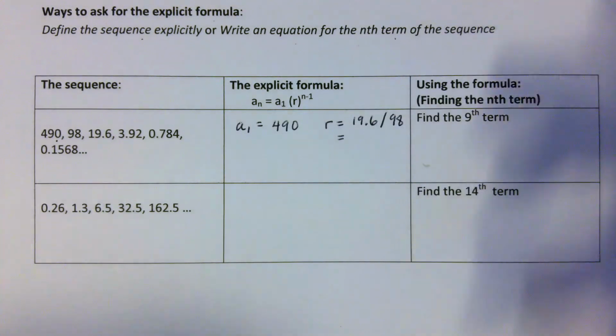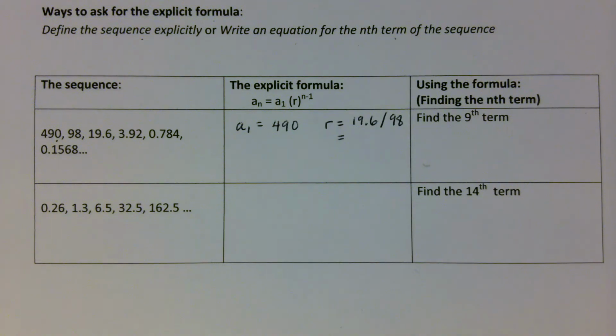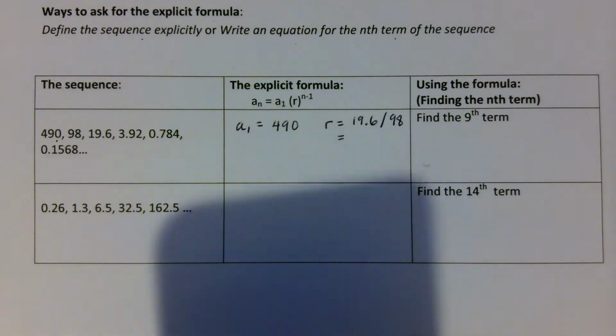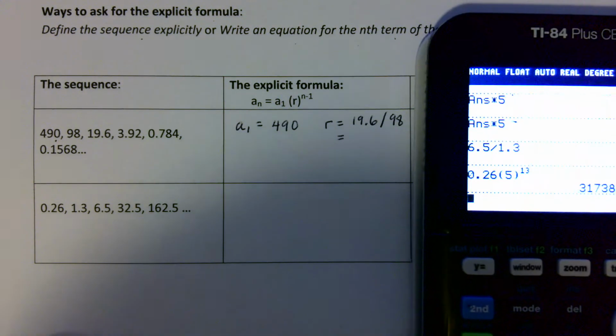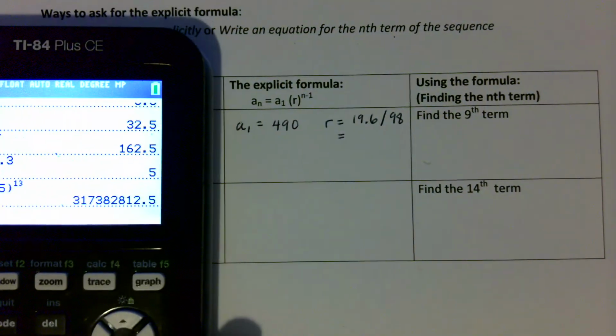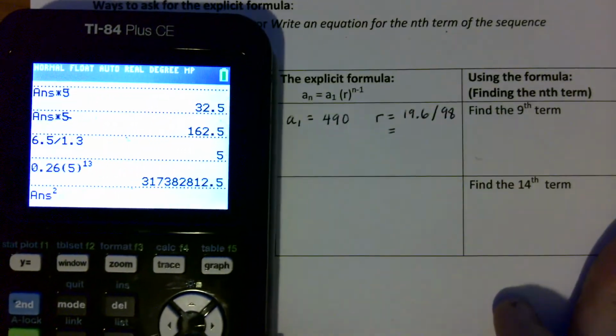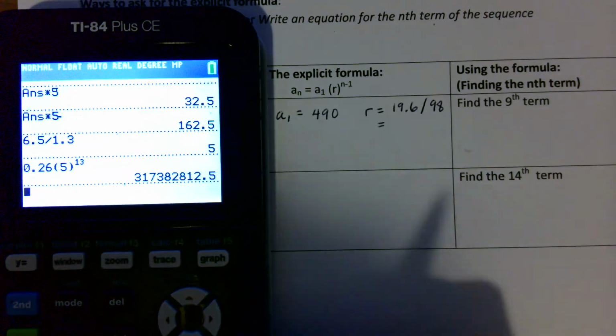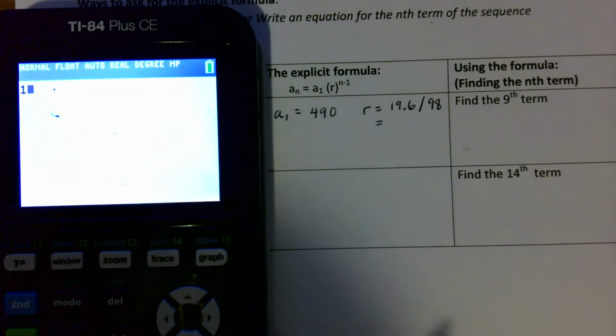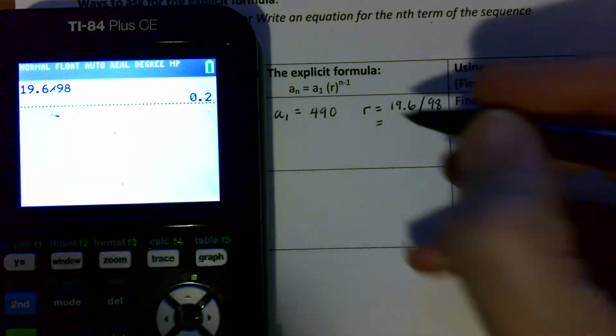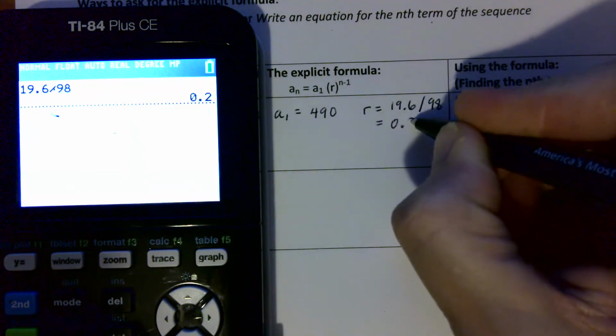You can grab your calculator and set that up. I have 19.6 divided by 98, and that gives me 0.2.